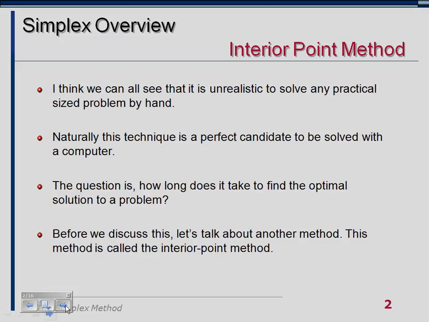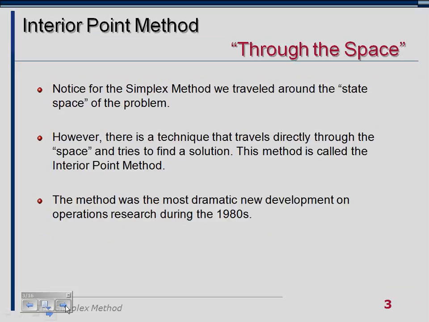The simplex method was developed in the 1940s, and there really wasn't much advancement on improving the technique until about the 1980s. The reason this came about in the 1980s is that's when researchers started being able to have computers on their desk.